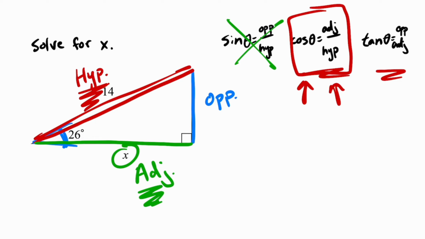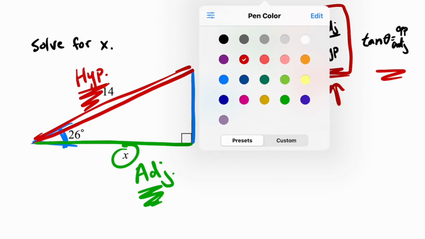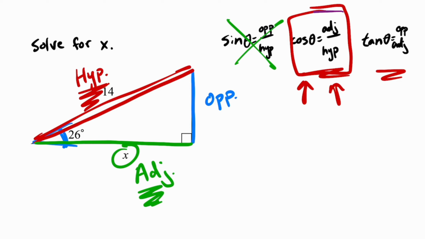Okay, so now that we've figured out our angle, we've labeled our sides, and we've identified which equation we should be setting up, all that's left to do is set up the equation and solve for x. So we're going to set this up following our template for our equation. It says cosine of theta, and theta is just a fancy symbol that stands for the angle.